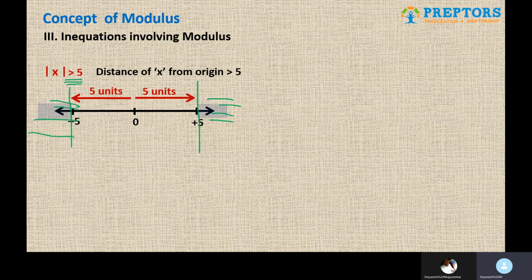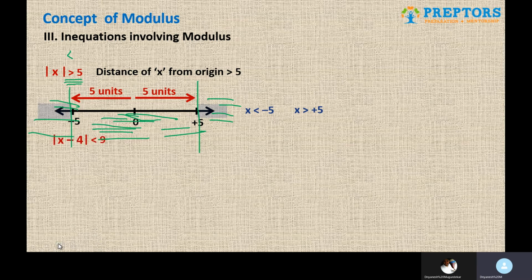So greater than is beyond the range. The same funda works here as well, works everywhere, and that is why I had asked you to remember it like that. So exactly 5 units would have given you minus 5 and plus 5, but because it is greater, it is giving you greater than plus 5 and less than minus 5. If it would have been less than, obviously the values which would have satisfied were in between plus 5 and minus 5. Remember this.